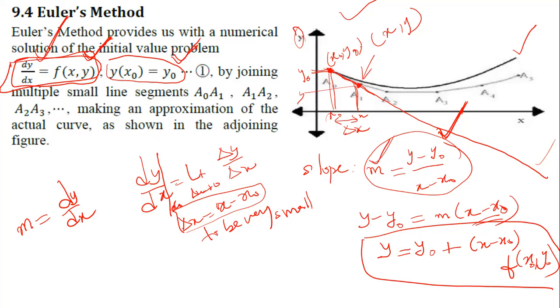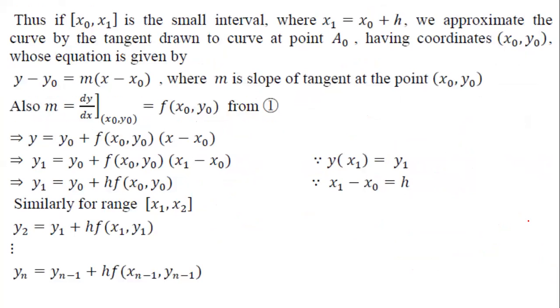The slope of this tangent will be the differentiation of y at x naught, which, according to this differential equation dy upon dx equal to f of x y, will be f of x naught y naught. So this gives me my Euler equation, and this Euler equation will be used to find the solution.